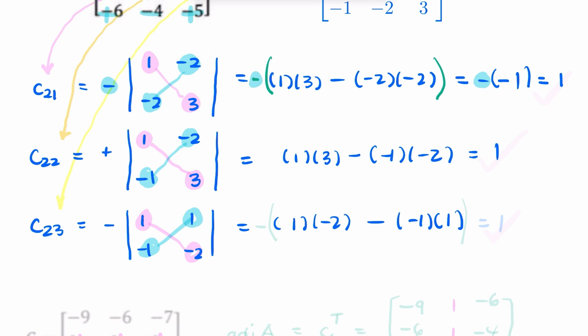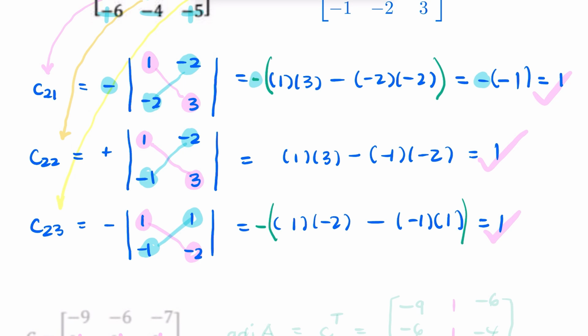So that's negative 2 plus 1, and again we have a minus sign. We need to be more careful about that. So it's minus negative 2 plus 1. So it's 1 again. So all three cells were 1. We have C21 is 1, C22 is 1, and C23 is 1.